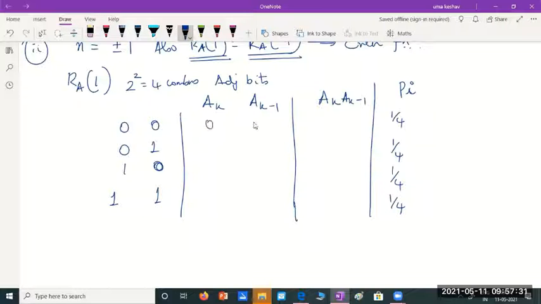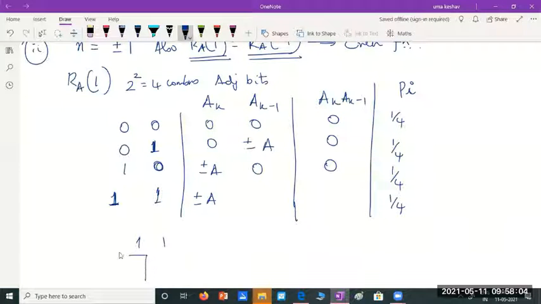So whatever you get, I just want you to find these two columns. Remember, AK for 0 0 is 0. If this one is represented with plus or minus A, you will get 0 with plus or minus A, and the product is also 0. And when this is 1, if this is plus or minus A, the next adjacent bit is a 1.